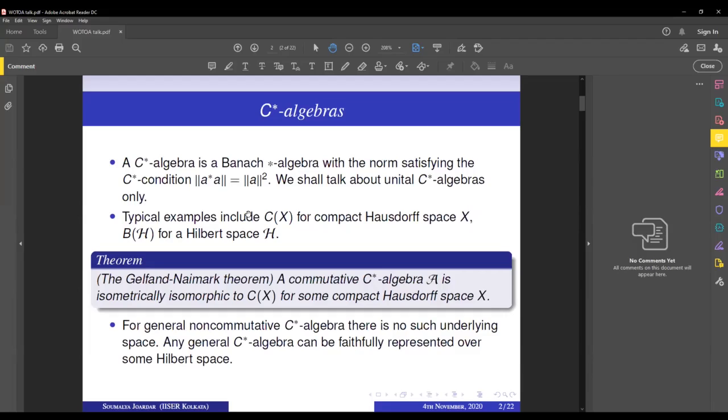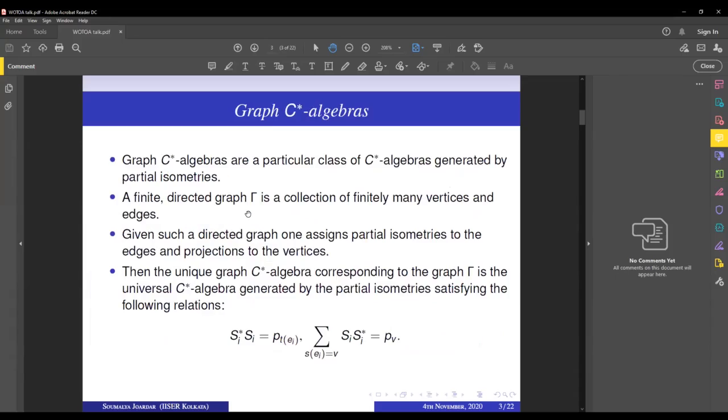So these are C*-algebras, and our object of study, for this talk at least, is graph C*-algebras. Graph C*-algebras are a particular class of unital C*-algebras generated by partial isometries.